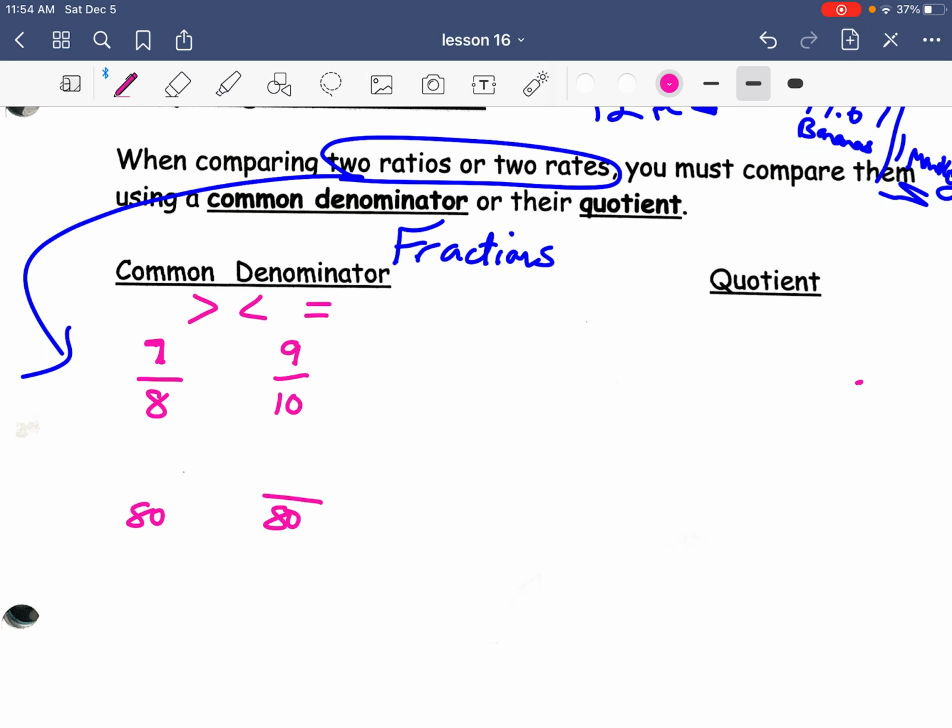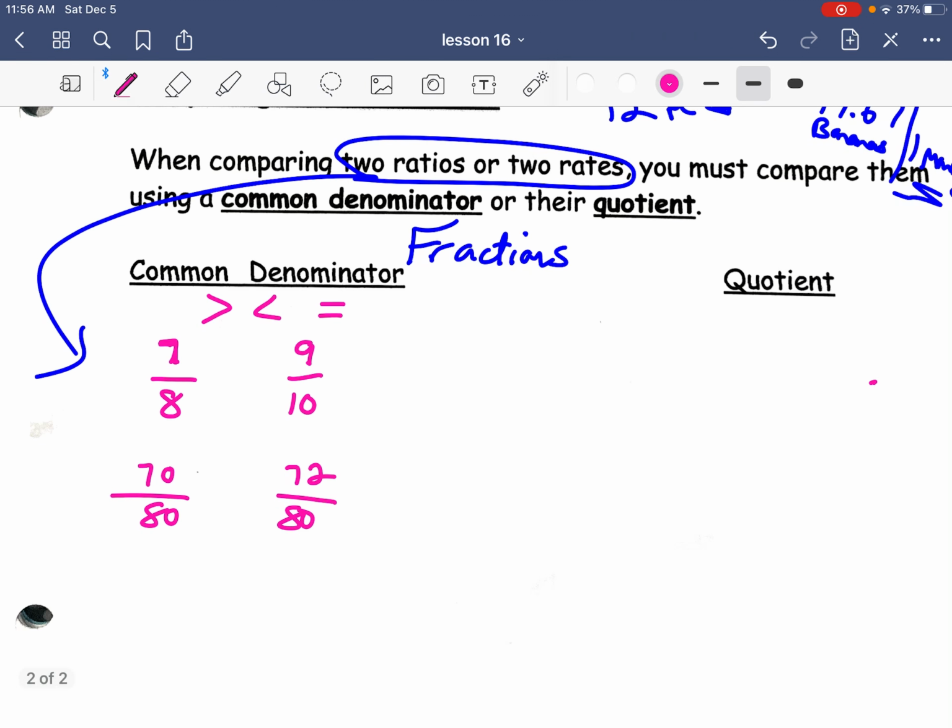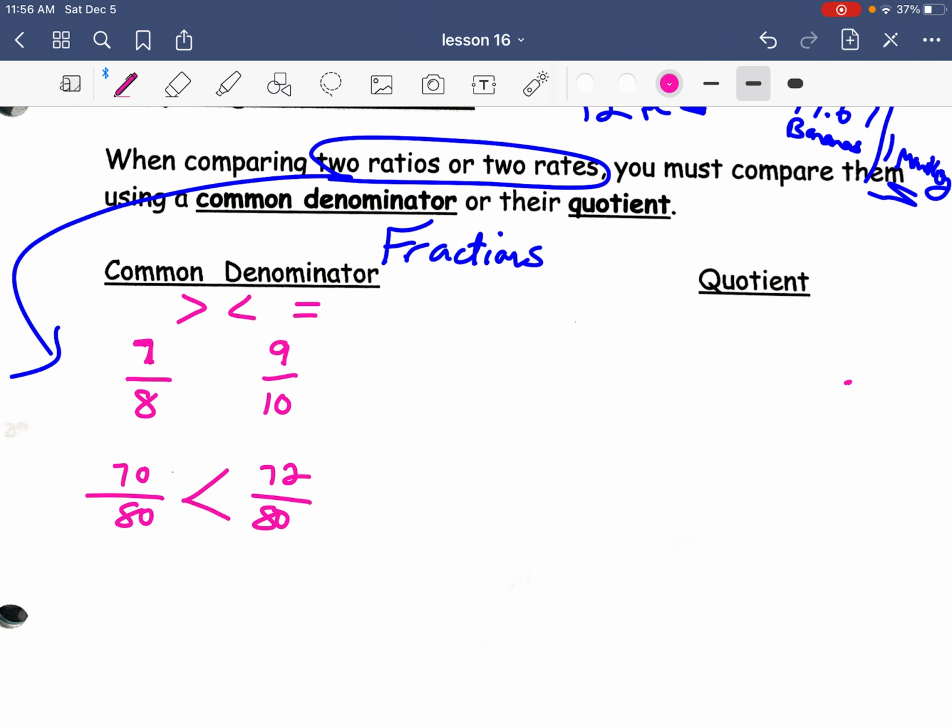I know how much you guys love that, is times 10 times 10. That would be a 70/80. And this one, if I'm saying times 8 on top, that would give me a 72. So then you can clearly compare and say 70 over 80 is less than 72 over 80. Or you can keep it really simple.